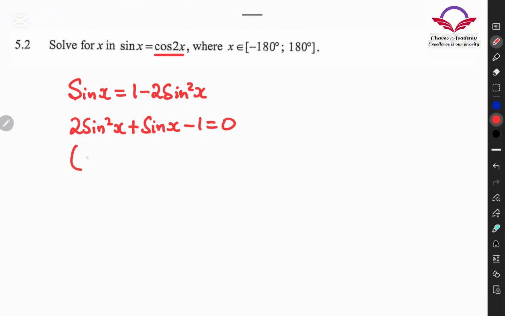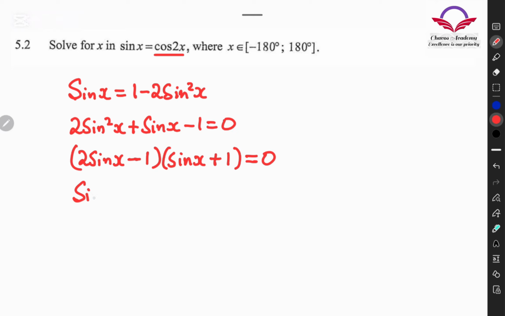Then we can factorize here: 2 sine x, sine x there. We're going to have 1 and 1, so we can have plus 1 there, so that when you multiply here you get 2 sine x minus sine x. That will be sine x.